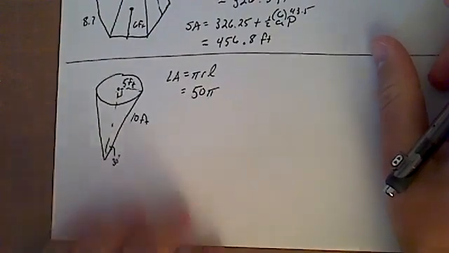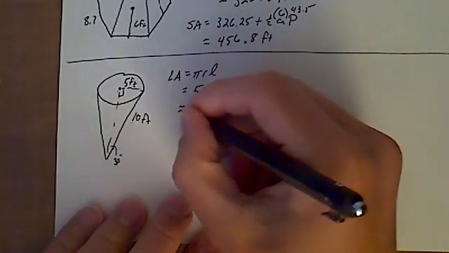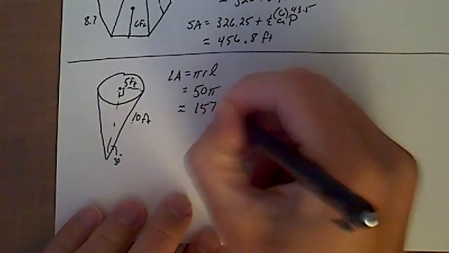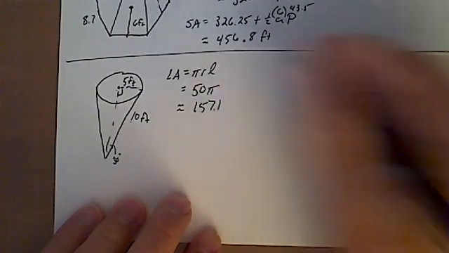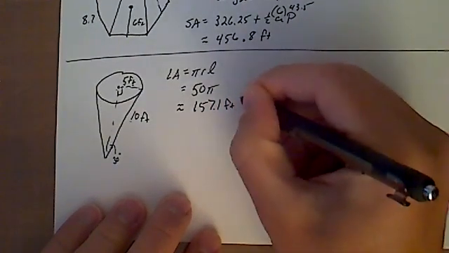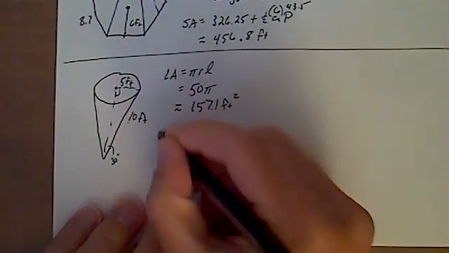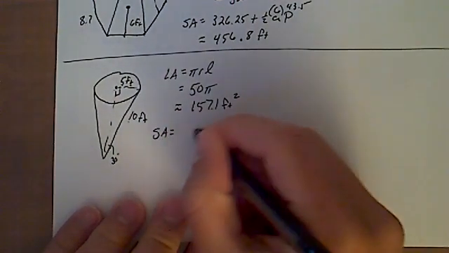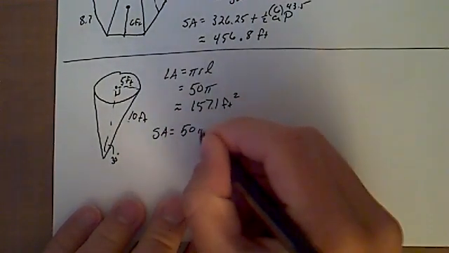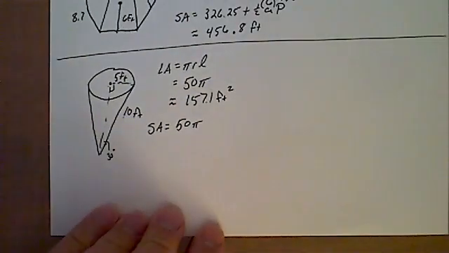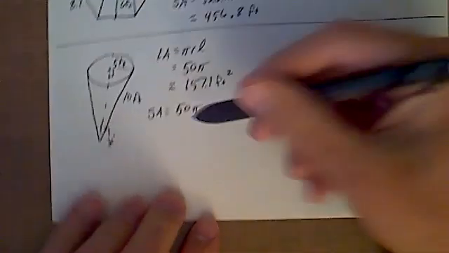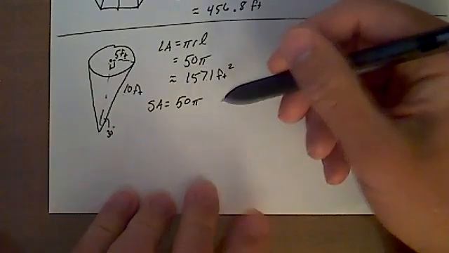However, with the way things are this year, again, we are going to go 157.1 feet squared. Now, I would strongly suggest that when you come back for the surface area, you go back and use the 50 pi first.